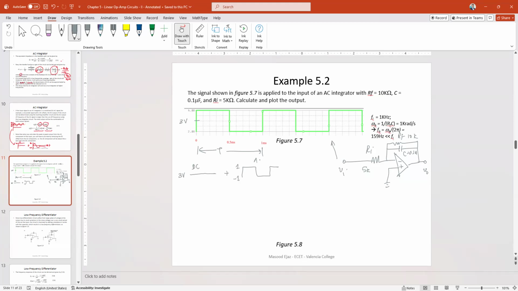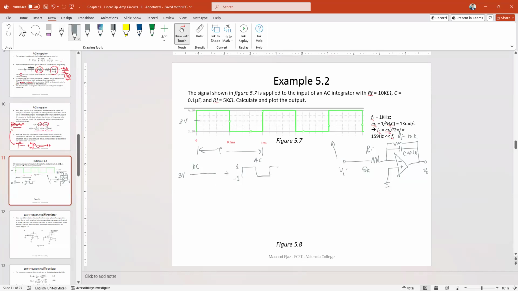So this is the AC component. When you add these two, of course, you're going to get the square wave offset by 3 volt. So when you're calculating the output of the signal for the DC component, of course, you're going to use the DC value, and for the AC component, you're going to use the AC value.